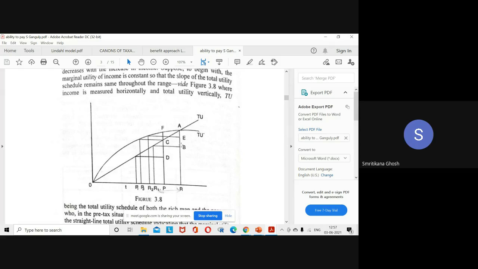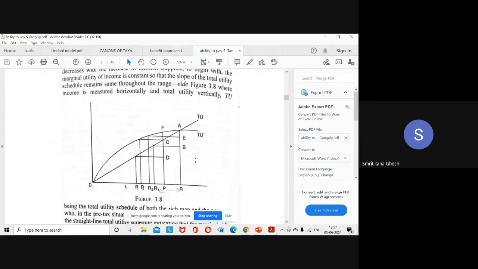And what is the sacrifice by the poor? It is CD. If it is equal sacrifice, then AB is equal to CD. That means the total utility sacrifice should be the same.